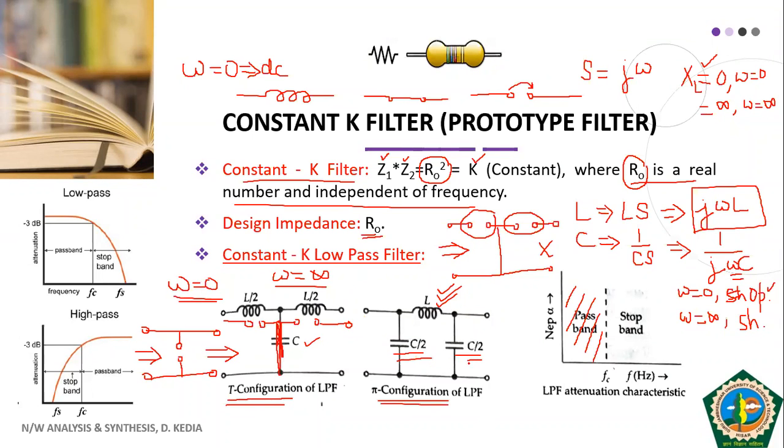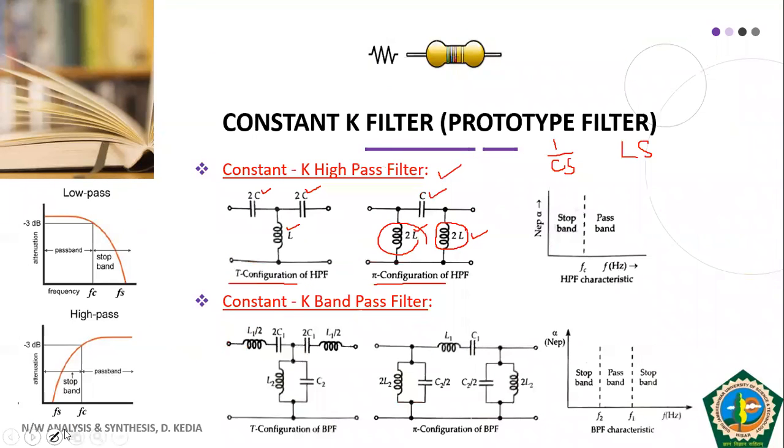So C by 2 and C by 2 gives us C. Same logic applies here. For capacitor in series, things become reverse. So that's why it is 2C, 2C, and in parallel, for inductors, the reverse thing takes place.